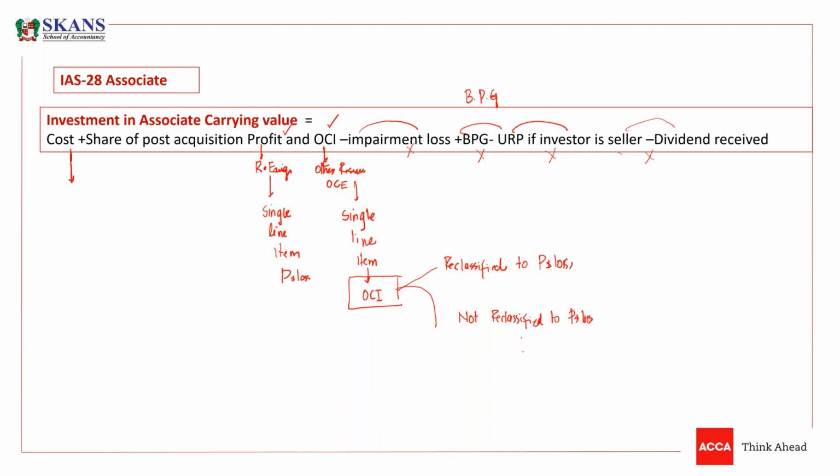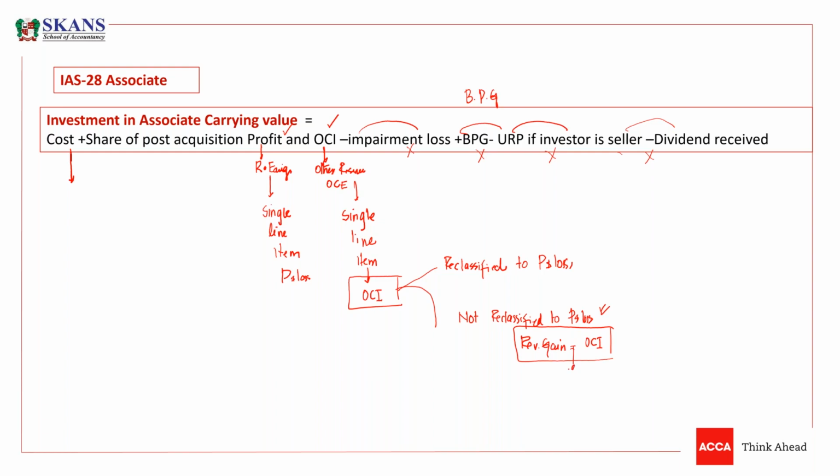Revaluation gain is an example of an item that we usually show in other comprehensive income. As per IAS 16, if there is a loss, it will be charged to P&L, but the gain that has been charged to other comprehensive income will not be reclassified to P&L.